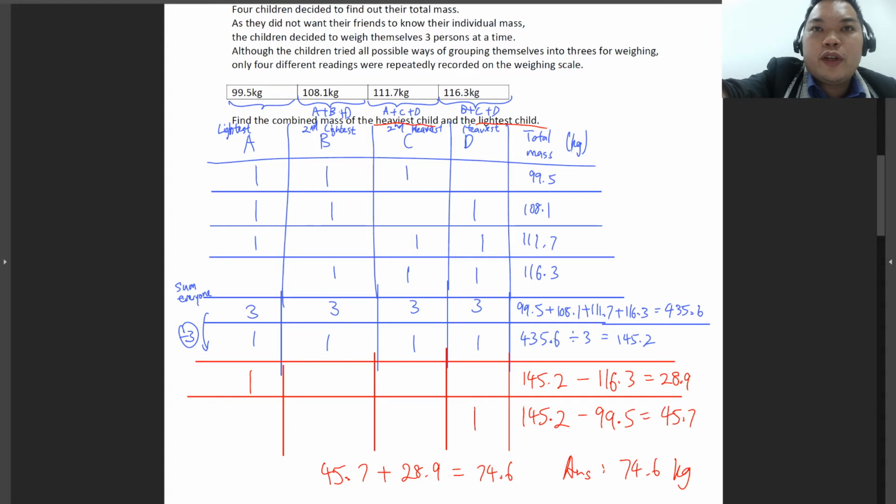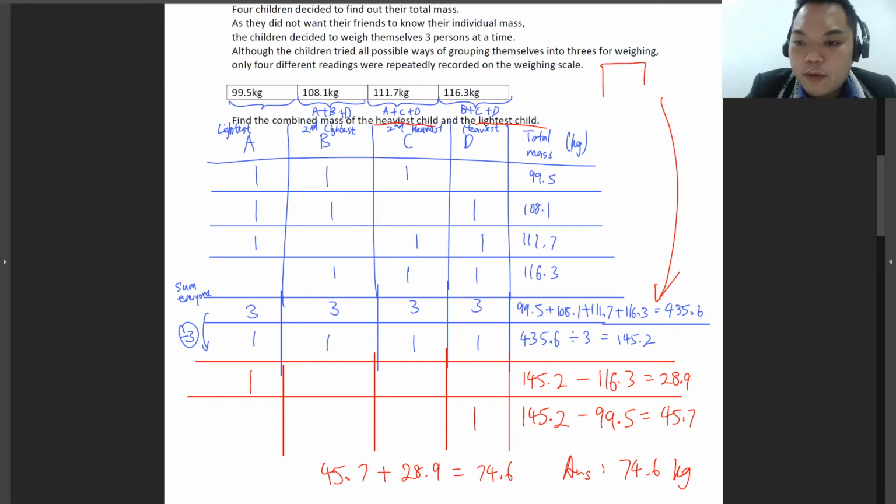Yes, 3 A's, 3 B's, 3 C's, and 3 D's will have a combined mass of 435.6. Okay, so some of you are wondering why divide by 3. Now, when you combine all of them together, think of it this way. You have A, B, and C here. You have A, B, and D here. You have A, C, and D here.